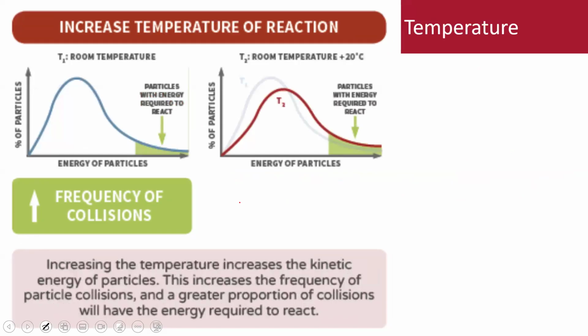Third one, increase in temperature. The example for this is, if you're in your class and there's 30 of you all walking around, some of you are going to collide with sufficient energy in the correct orientation. If you increase the temperature and everybody is then running around, because now all the particles have more energy, there's going to be an increased chance of collisions, because everybody is moving around faster.